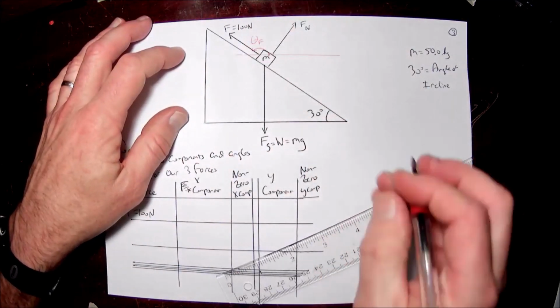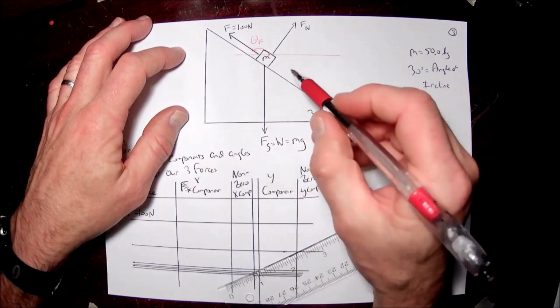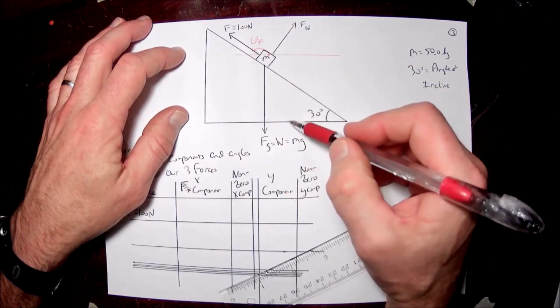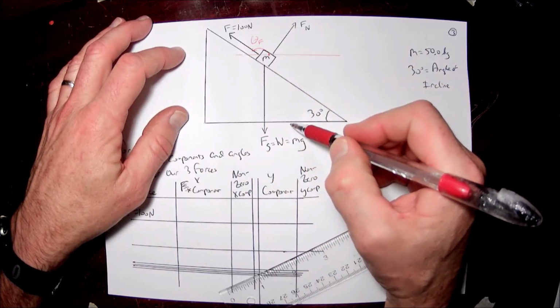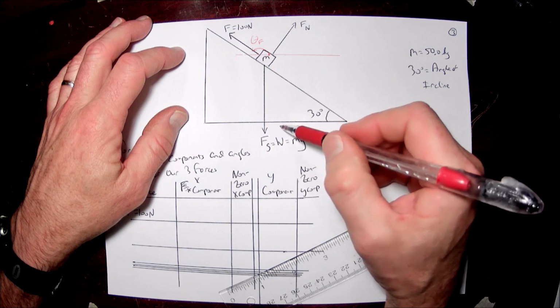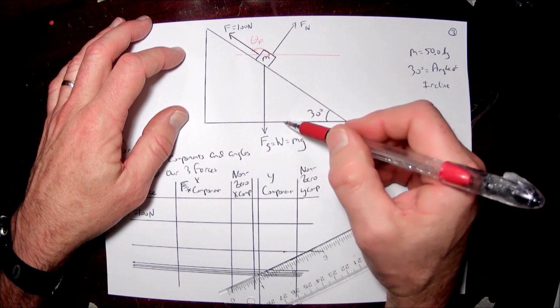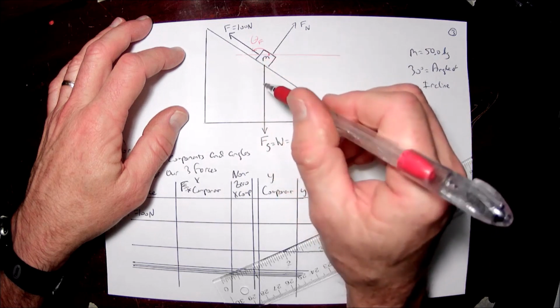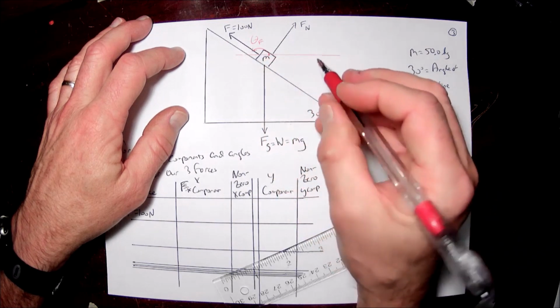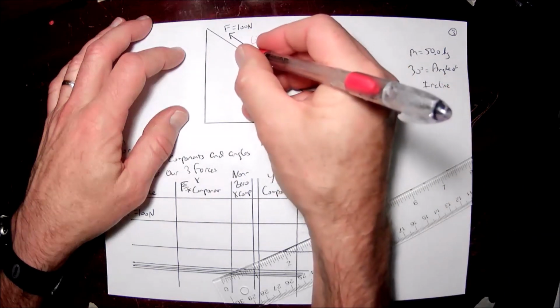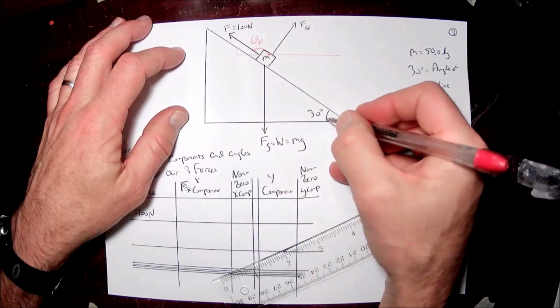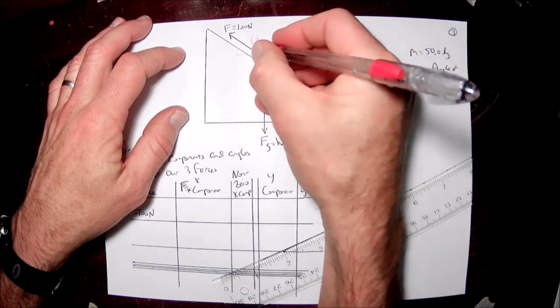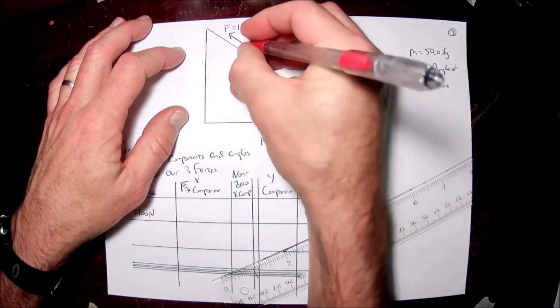What is theta F? Well, if you get into a little geometry here, I have two parallel lines. The base of the incline is horizontal. So I have two horizontal lines intersected by a transverse line. I think that's the fancy word for it. So this angle right here is 30, and this angle is also 30.